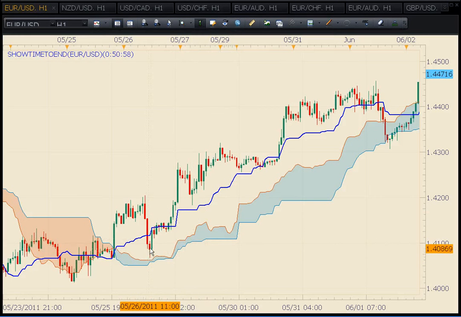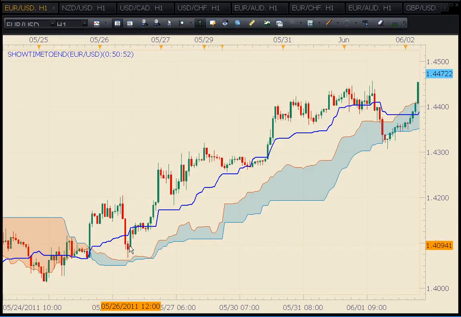So price goes above here. To get confirmation, you see this hammer here, but we don't take the trade here. What we want to do is enter on the break of this Kijun right here. So price came up and closed above the Kijun, so we want to get in.